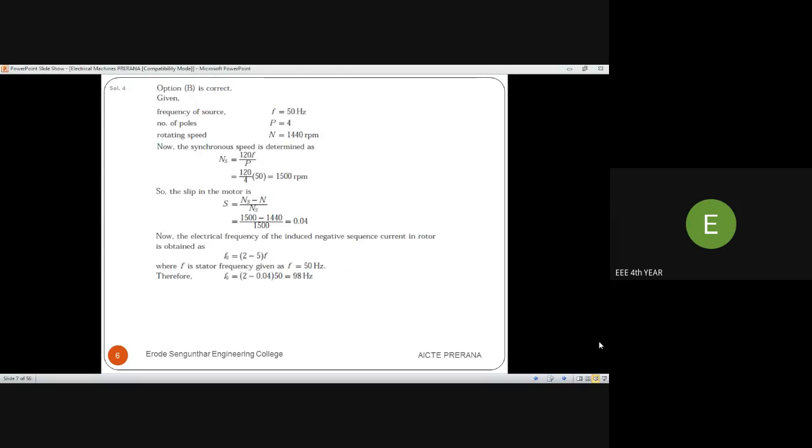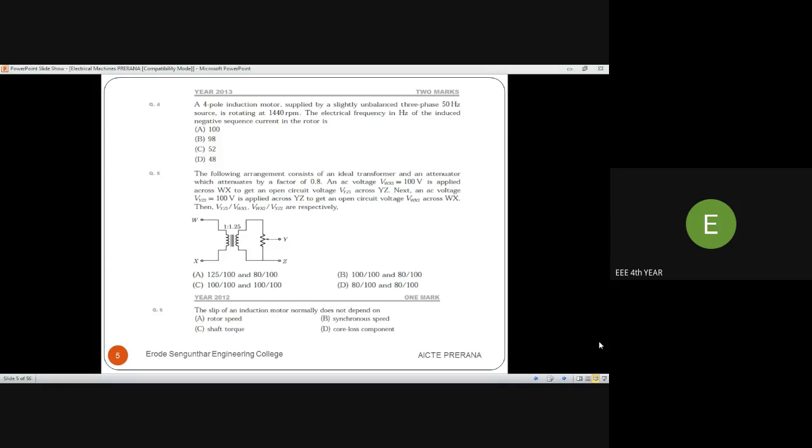Then question number 6. Here, the slip of an induction motor normally does not depend on. Already we know that the slip of an induction motor is S equal to Ns minus N divided by Ns.